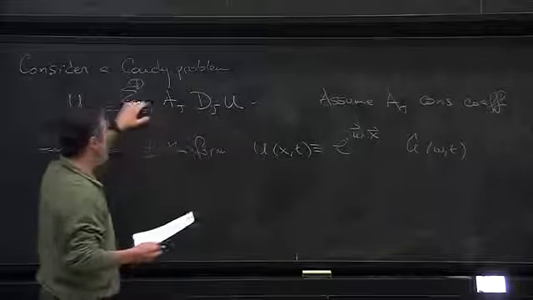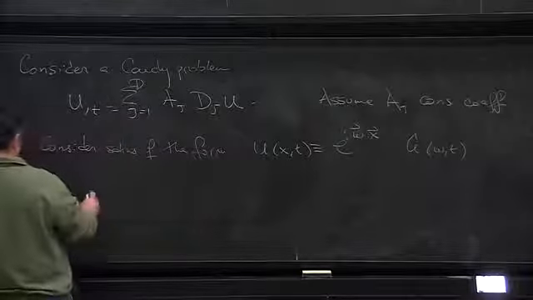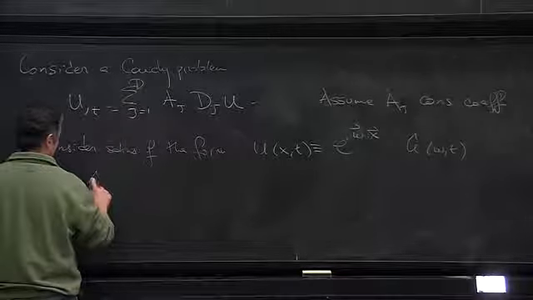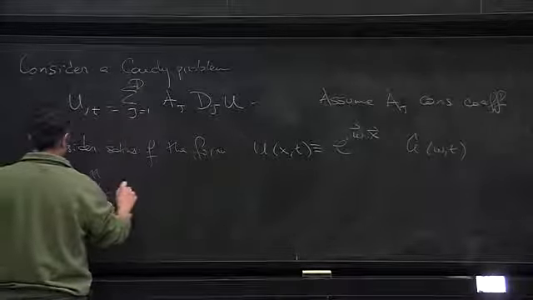If you replace this in here, then you have an equation of motion for u hat of t.